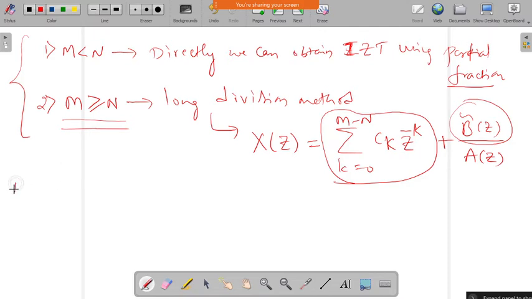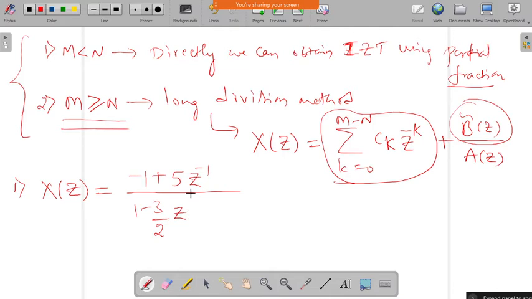So the first problem, X of z is given. X of z is equal to minus 1 plus 5 into z inverse divided by 1 minus 3 by 2 into z power minus 1 plus half into z power minus 2.